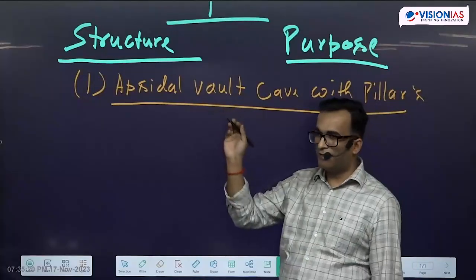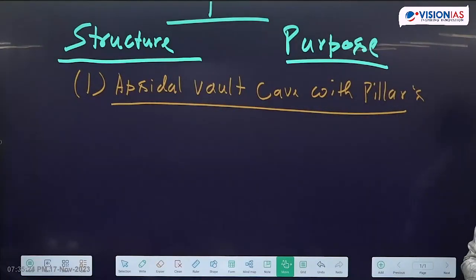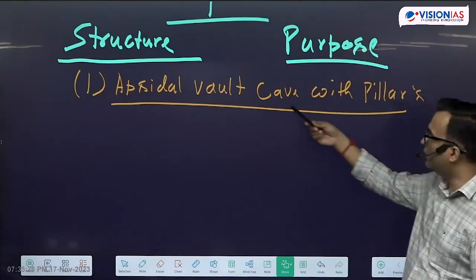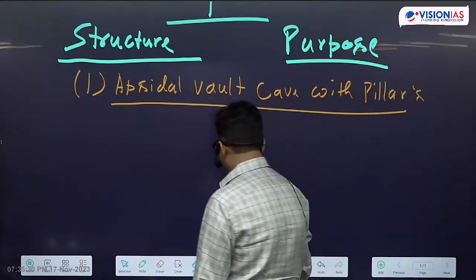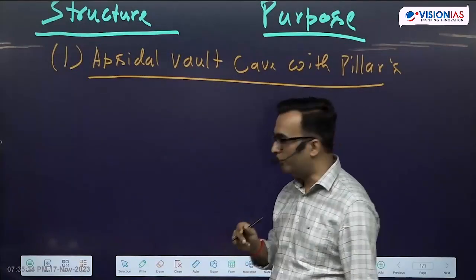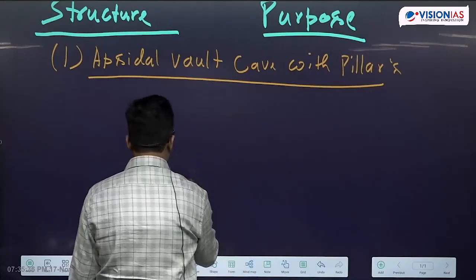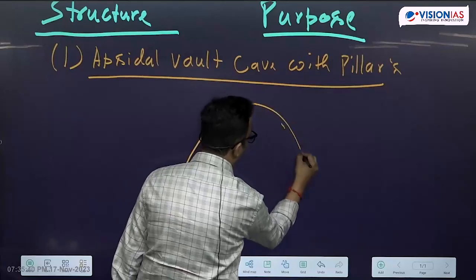Looking at this term for the first time, the part to understand is the front one, apsidal vault. This is the name of the shape. So what is this shape? Generally, the caves were created like this.